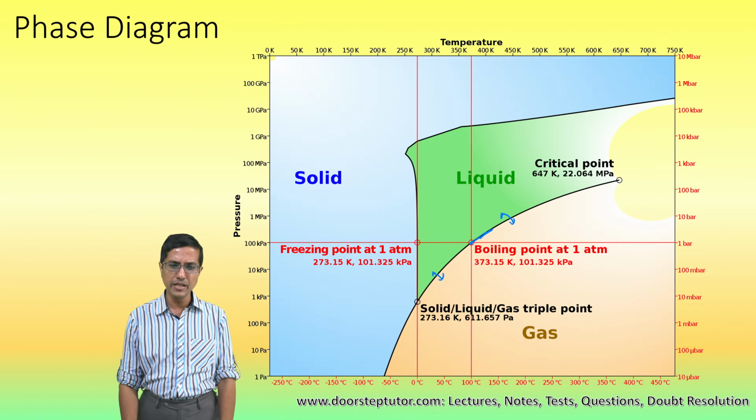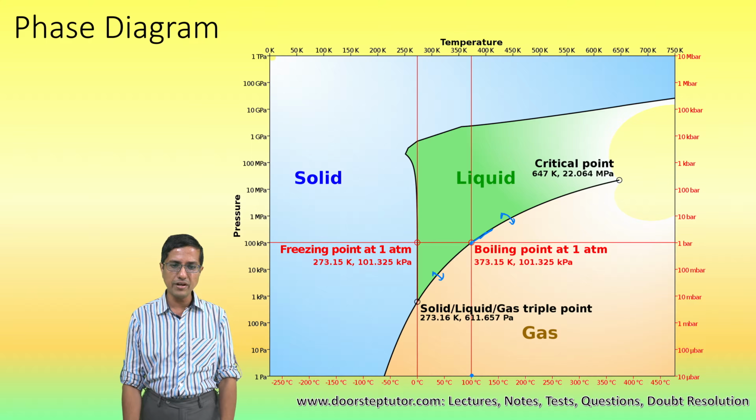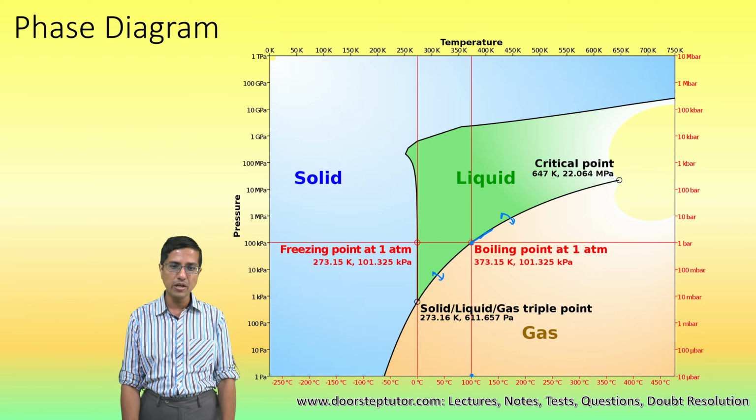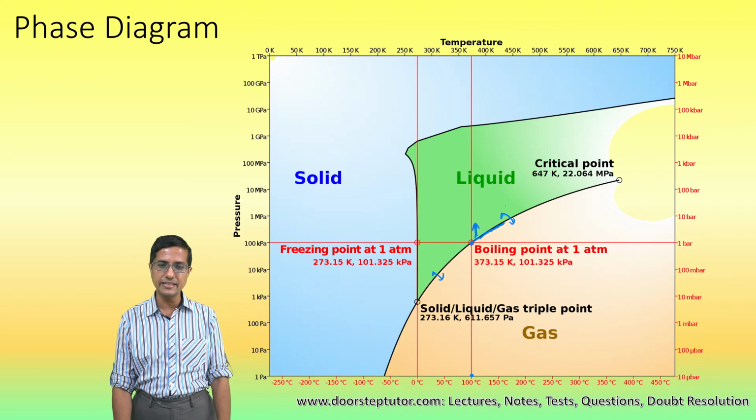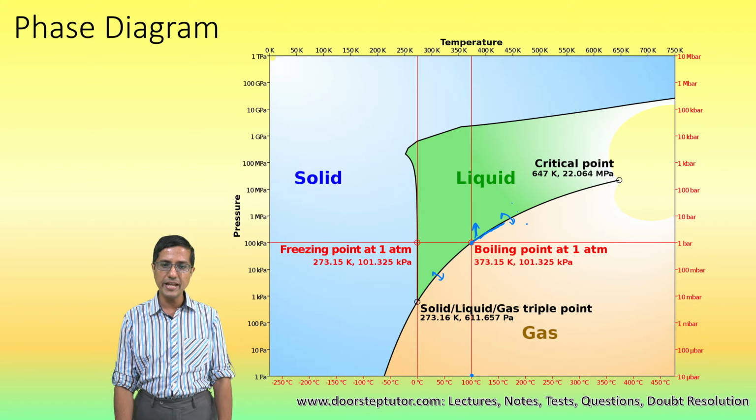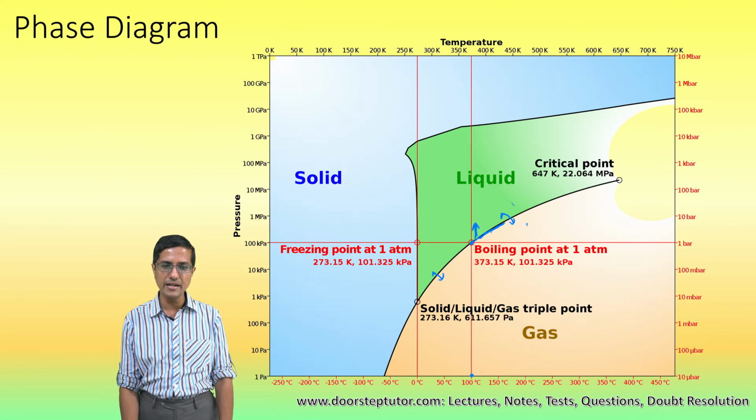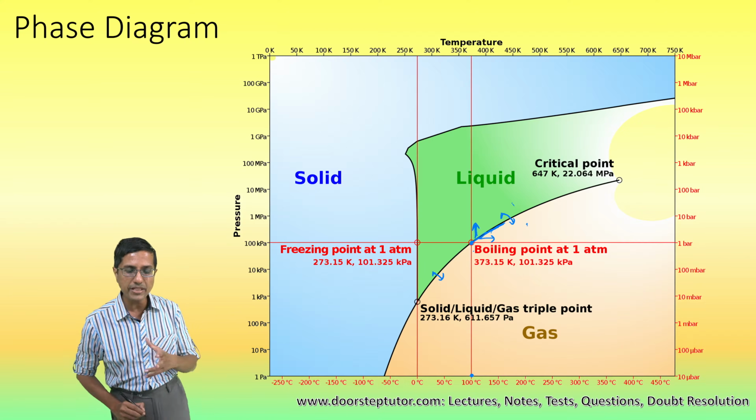For example, in the case of water, I know that the boiling point for water at 1 atmospheric pressure is 100 degrees Celsius. Now what happens if I increase the pressure? As I increase the pressure, this diagram is telling me that the boiling point also increases. So the liquid to gas transition at higher pressure would happen at higher temperature. This is what this diagram is telling me.